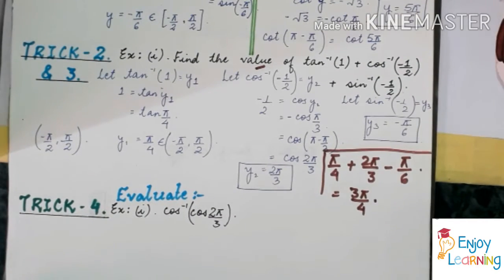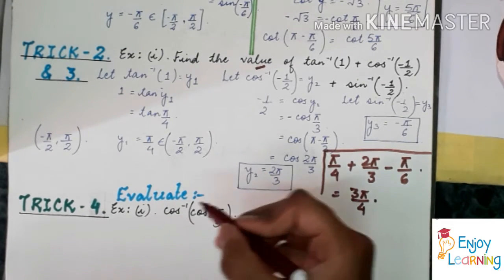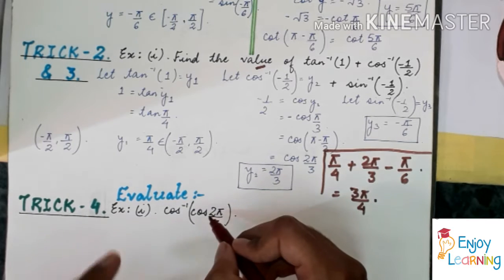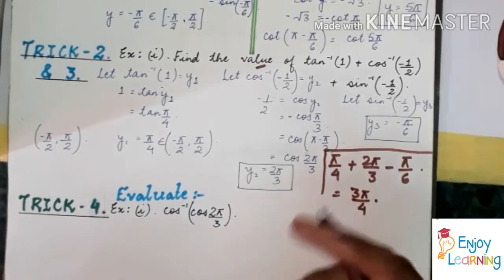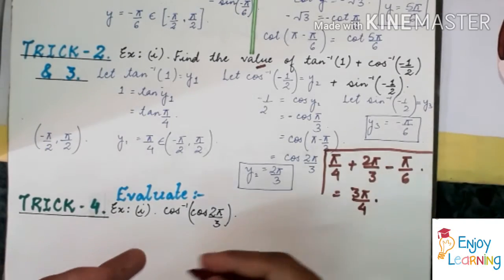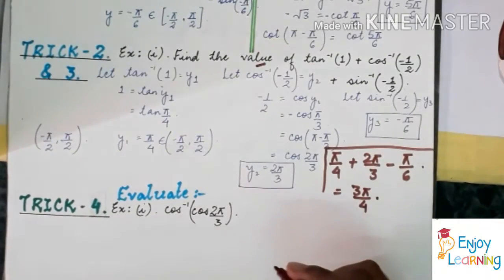In this type of questions, you are getting an inverse trigonometric function and a trigonometric function together. So are you reminded of some properties which are of the similar type? So let's see what are they.